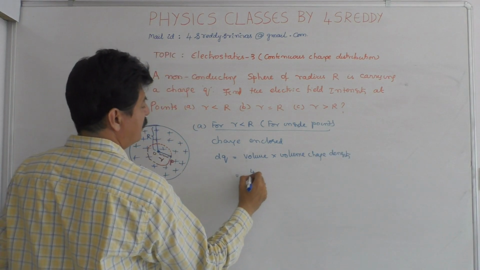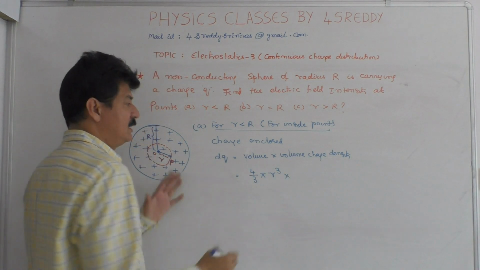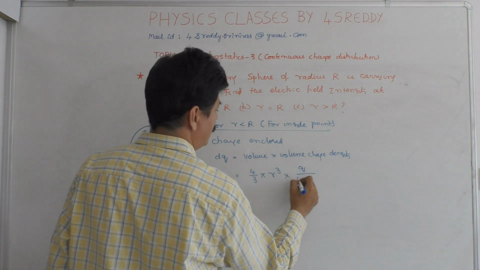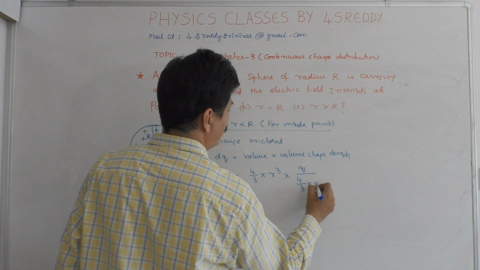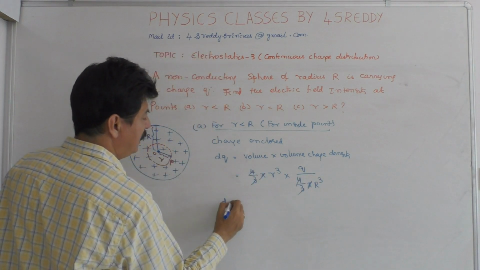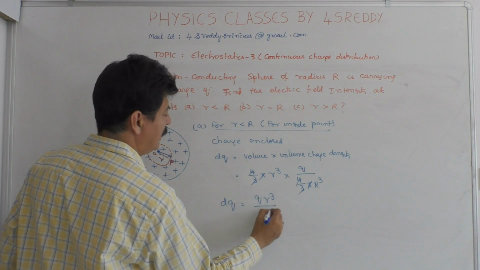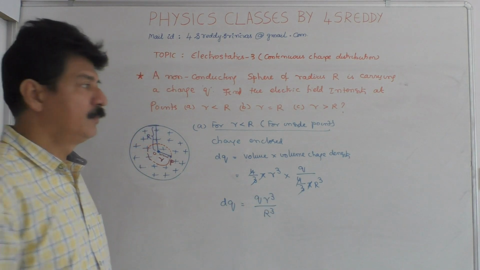The volume is 4 by 3 pi small r cube, and the volume charge density means total charge by total volume, 4 by 3 pi capital R cube. Cancel, cancel. Therefore dq is equal to q into r cube by capital R cube.